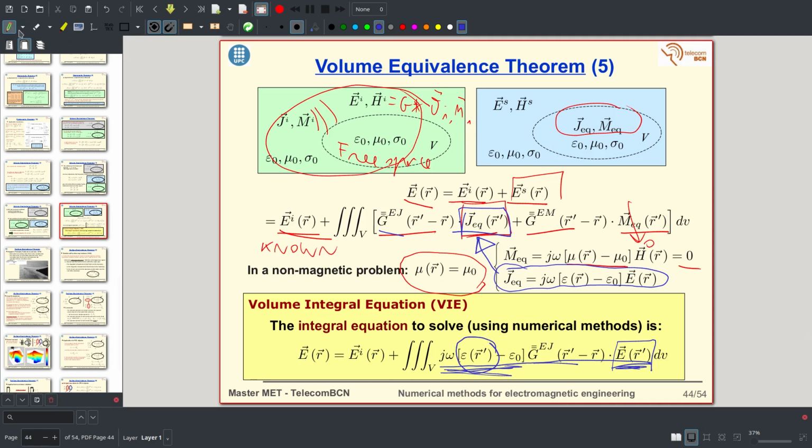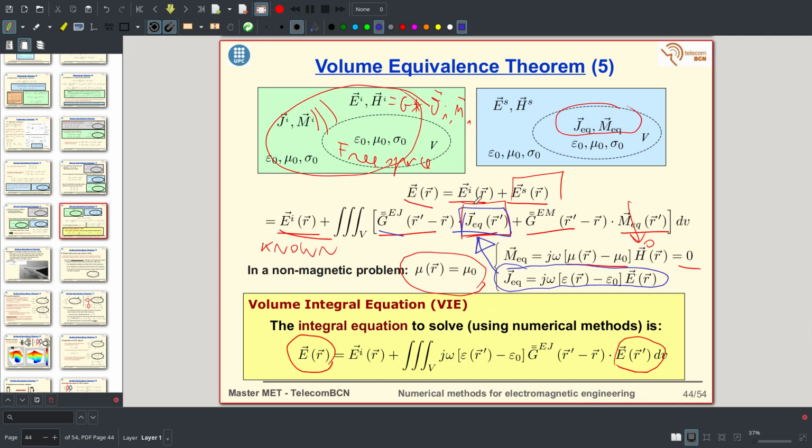We have an integral equation because we have the unknown inside the convolution on the right hand side and also on the left hand side.